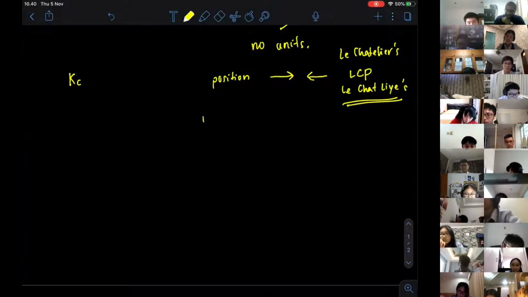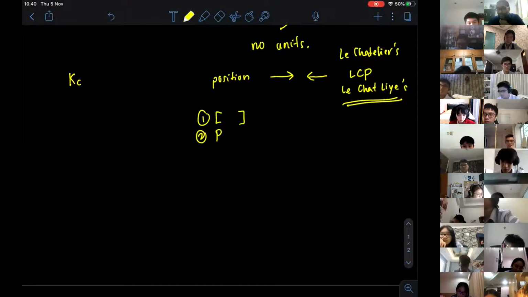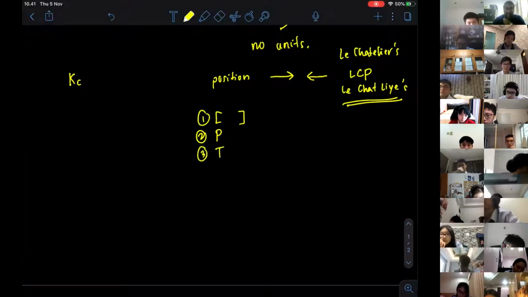Number one, concentration will affect the position of the equilibrium. Change in pressure will affect it. We went through this yesterday. And number three, change in temperature will affect it. But how about catalyst?